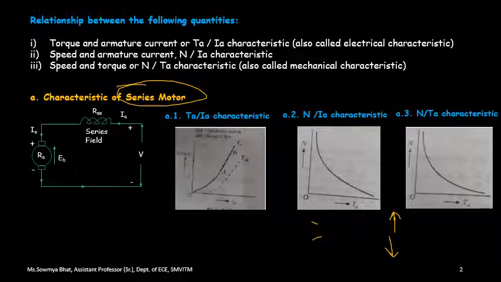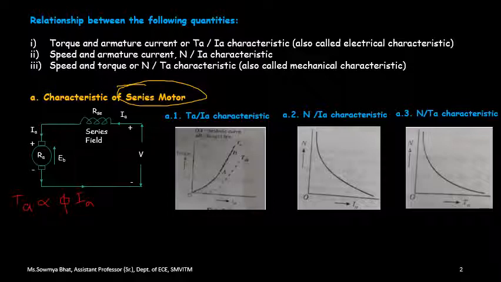So let us recall the first and the second, from which we will derive the third characteristic. From the first type, torque versus armature current, we concluded that torque is directly proportional to the flux multiplied with the armature current.